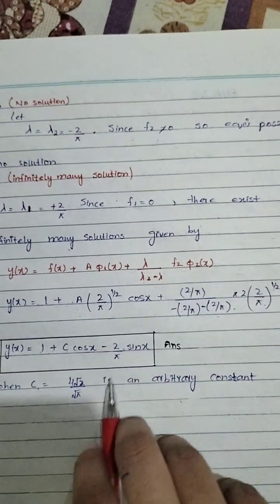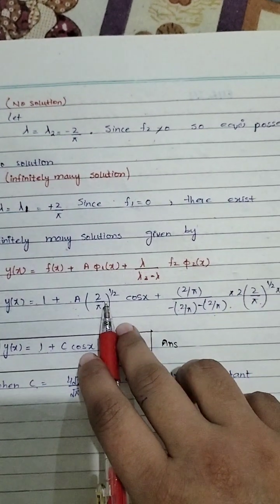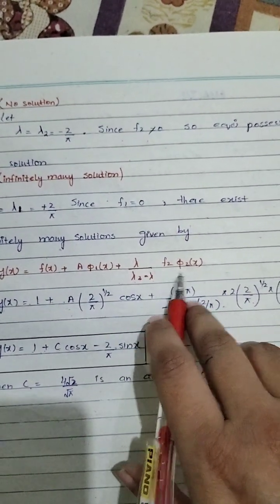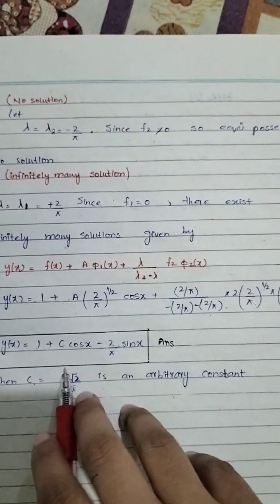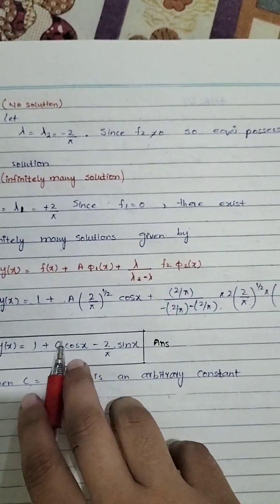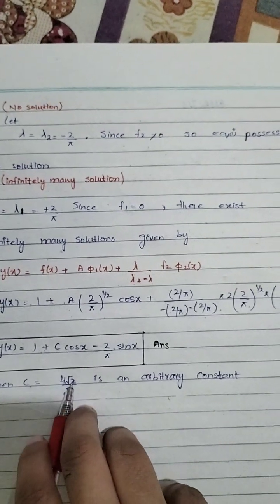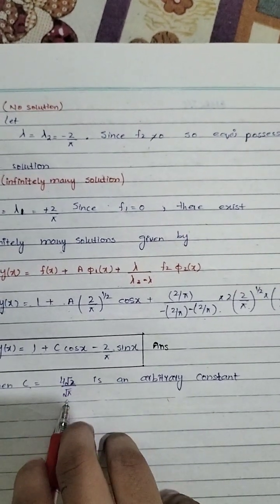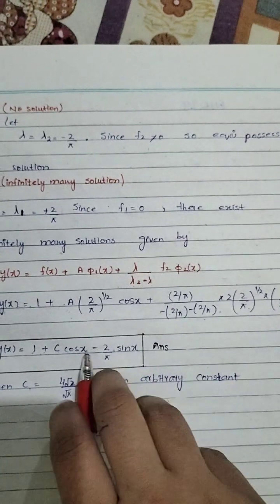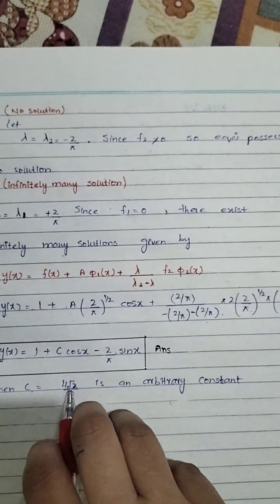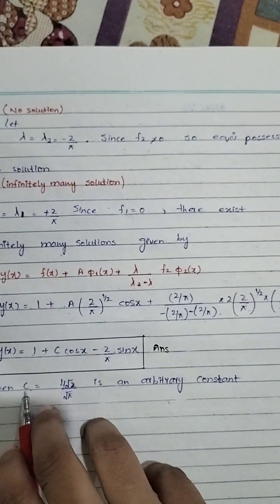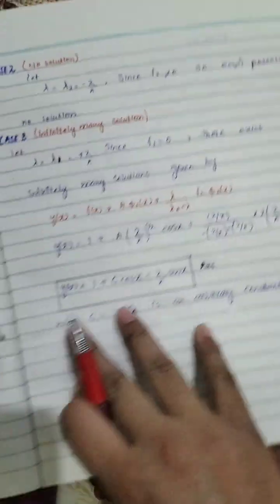Putting the values of phi 1 of x, phi 2 of x and f2 in this formula, we get this form. And we can take c. After solving it, we know that c is equal to 4 under root 2 over pi, which is an arbitrary constant. So we can take all these values equal to c.